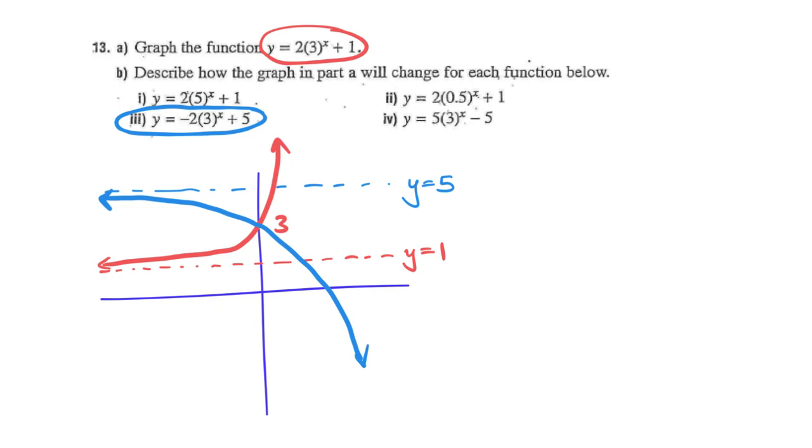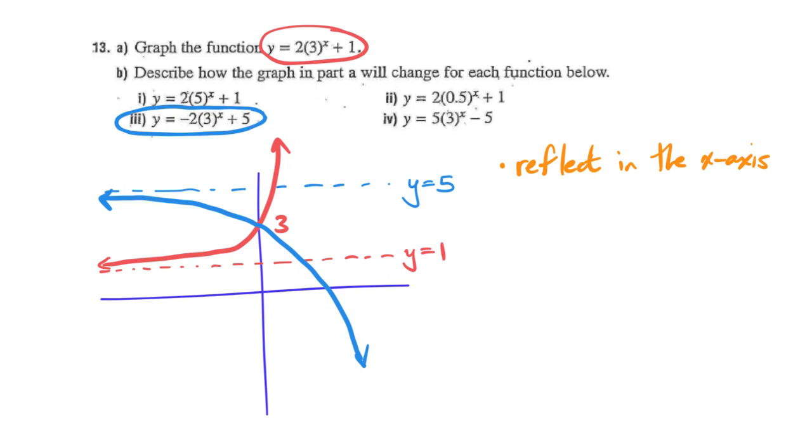So graphically, what I'm going to do is I'm going to deal with a new sketch for each transformation. So if we said that we need to reflect in the x-axis, then what I'm going to do is I'm going to take my red graph and I'm going to do the orange to it. I'm going to reflect it in the x-axis and I'm going to see the outcome.